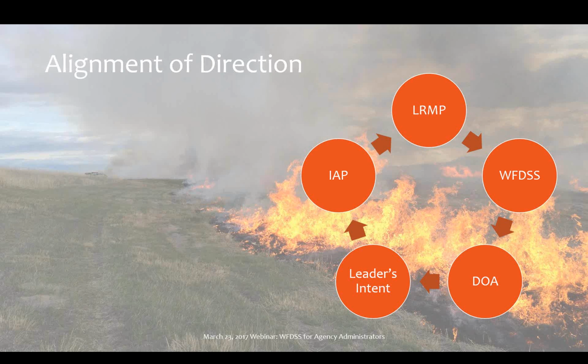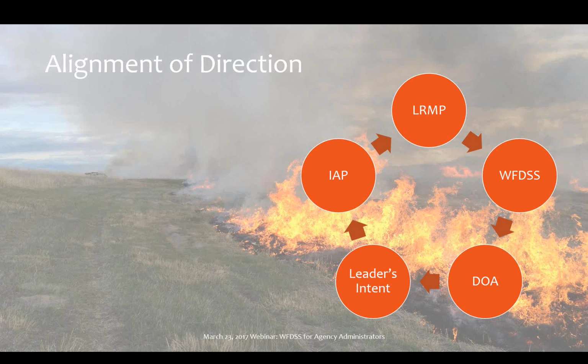Most relevant land and resource management plan direction should automatically be incorporated into your WFDSS decision when you have an ignition or draw planning area. This is the information you should use when developing incident-specific objectives, and we'll talk more about these objectives later. When you write the delegation of authority, it is best if you do not repeat the strategic direction or objectives that you wrote in the WFDSS.